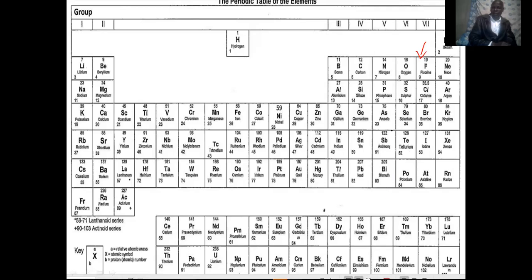They are a group. So we have fluorine with the atomic number 9, chlorine 17, bromine 35, iodine 53. So the atomic numbers we can see are increasing down the group.